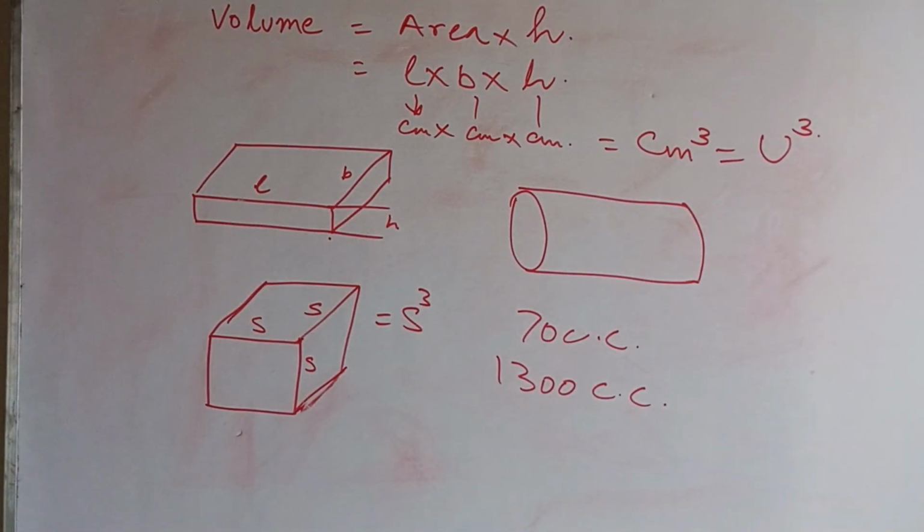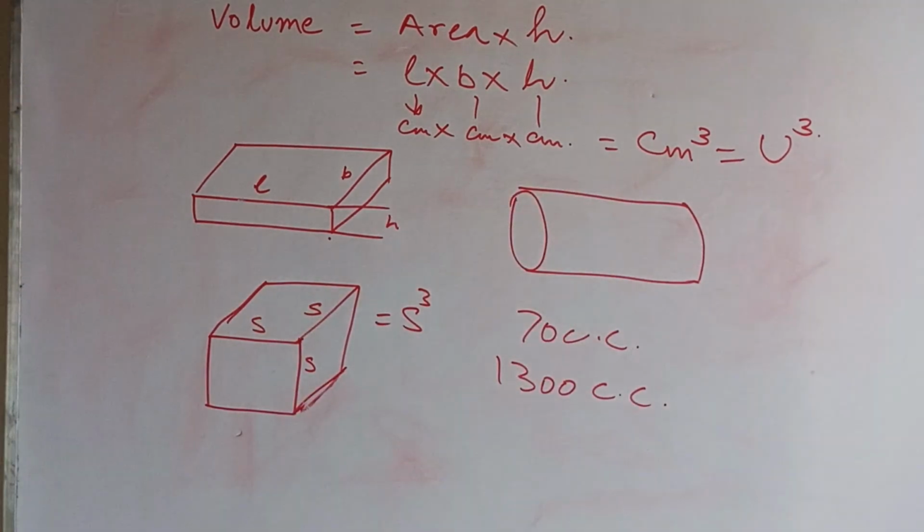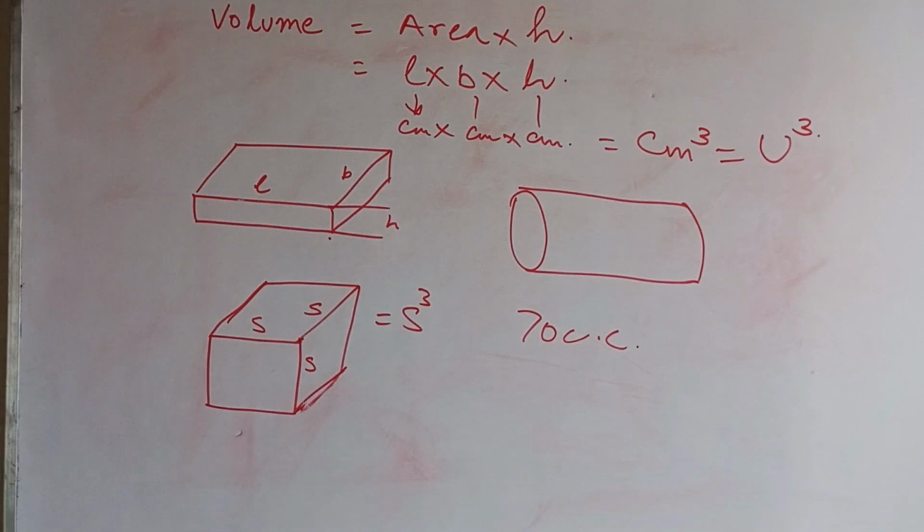What does it mean? It means the size of the cylinder in which the piston is moving. For example, you have a motorbike of 70 cc. It is only one cylinder, so we can consider it very easily. It has only one cylinder, so the size of that cylinder is 70.